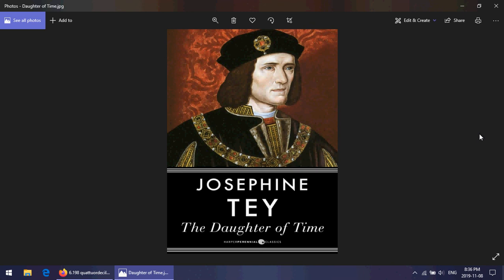And he winds up working through this with the assistance of his young American friend, and at the end of this book, they come to the conclusion that Richard has been maligned by history, and that it was Henry who murdered the boys in the tower.